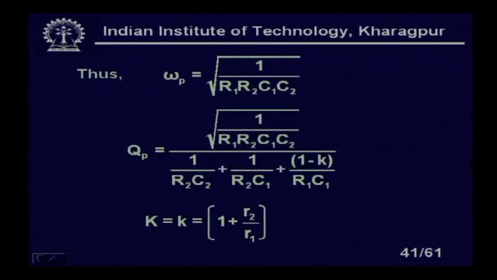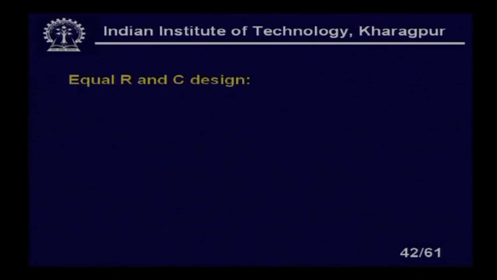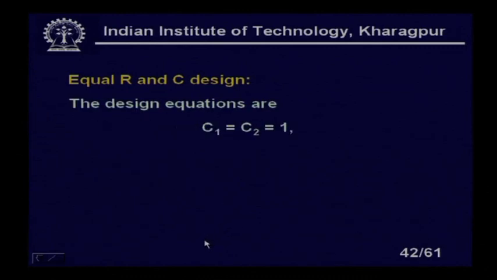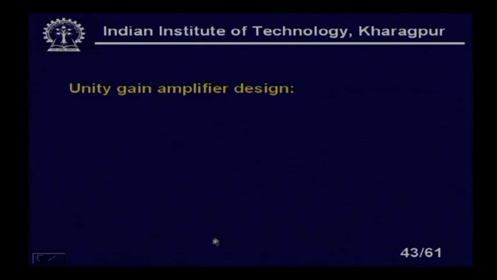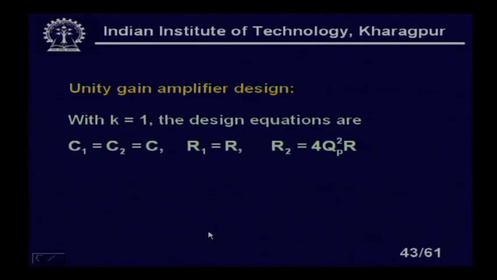Yes, capital K equal to small k equal to 1 plus R2 by R1. Here also we have the equal C design. The design equations are C1 equal to C2 equal to 1, R1 equal to R2 equal to 1 upon omega p, and small k equal to 3 minus 1 upon Q p. Same as the low pass unity amplifier design that you have done for the low pass, where k equal to 1, that means unity gain amplifier design.